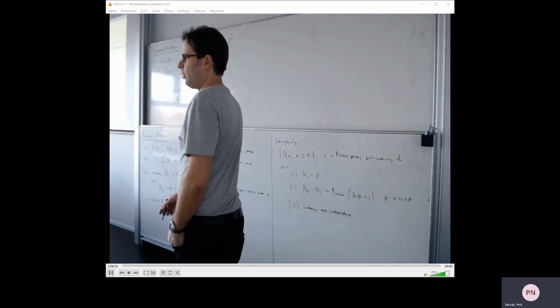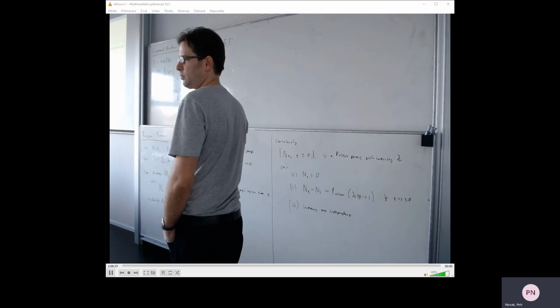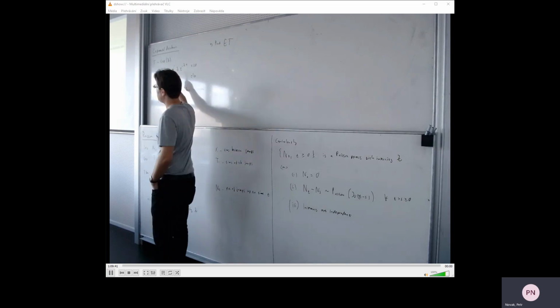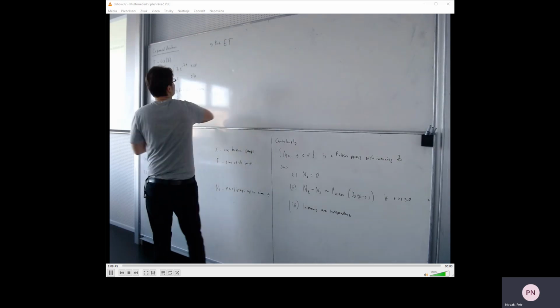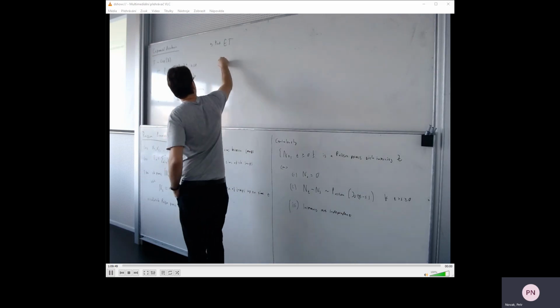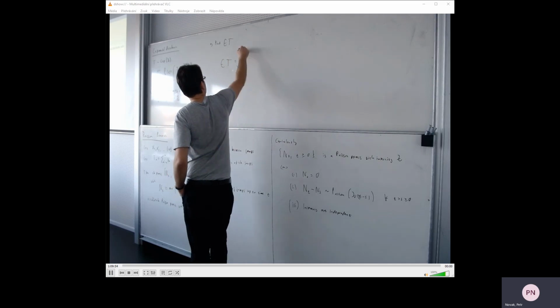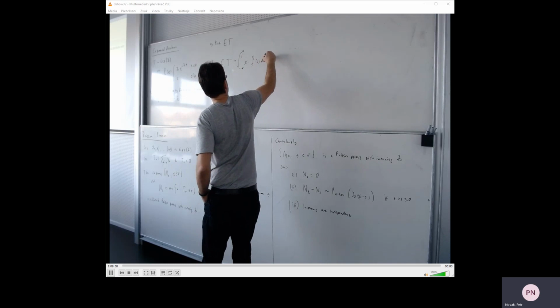Now you recall the expectation of a continuous random variable is computed as x times f(x) dx. So the expectation of T is an integral from minus infinity to infinity of x times f(x) dx.